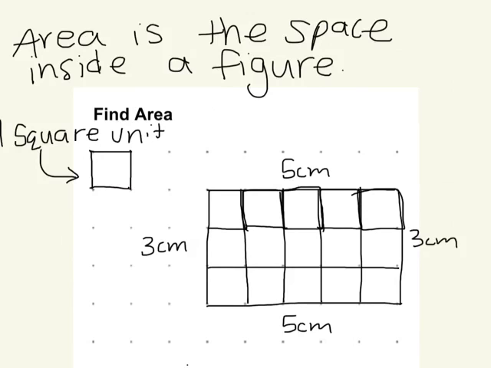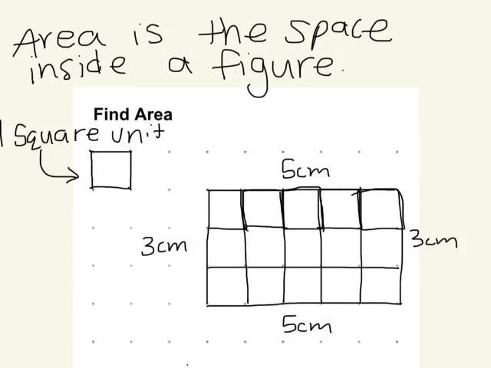Now let's count and see what the square unit is of this figure. Okay, we have 1, 2, 3, 4, 5, 6, 7, 8, 9, 10, 11, 12, 13, 14, 15.